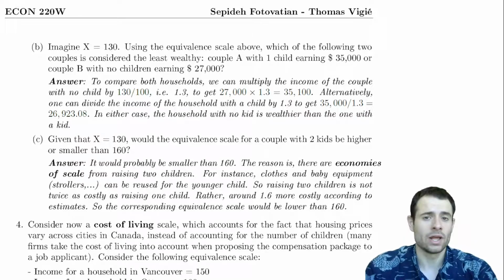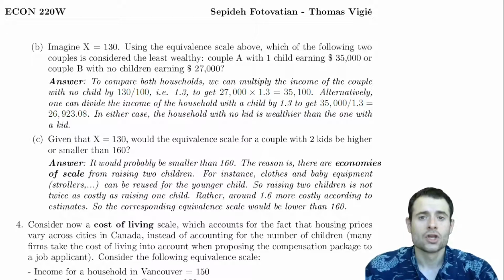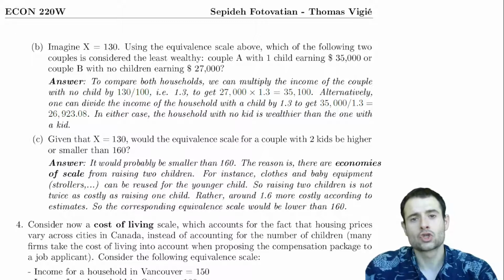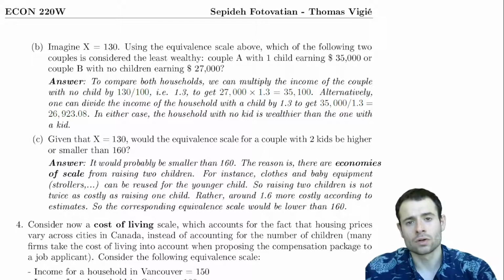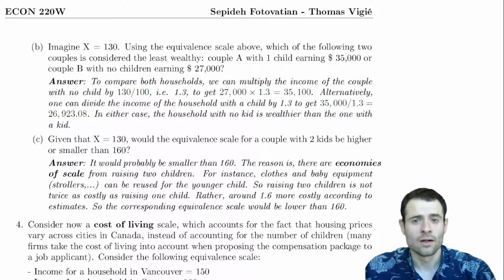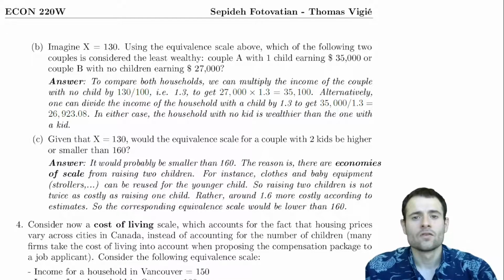Maybe, I don't know, depending on your taste, you might want to dress your daughter differently than your son. So the equivalent scale of having 2 boys or 2 girls versus 1 boy, 1 girl would be different again. Probably the equivalent scale with 2 boys or 2 girls would be smaller than the equivalent scale for one child of each sex.